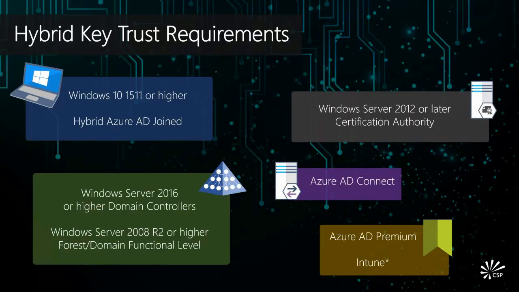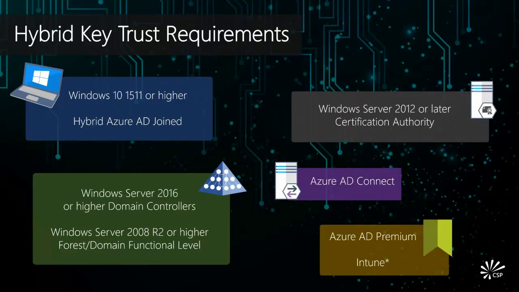You can still have Windows 2012 R2 or just base 2012 floating out there, but you have to have at least one Windows Server 2016 domain controller that is directly accessible by the endpoints that will be authenticated using Windows Hello for Business.